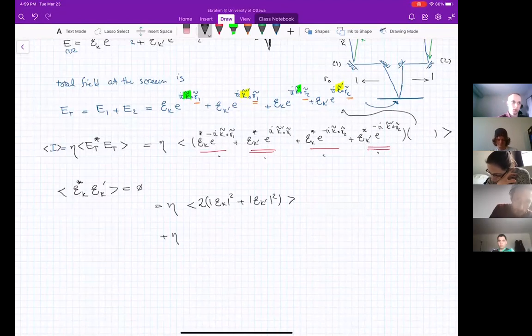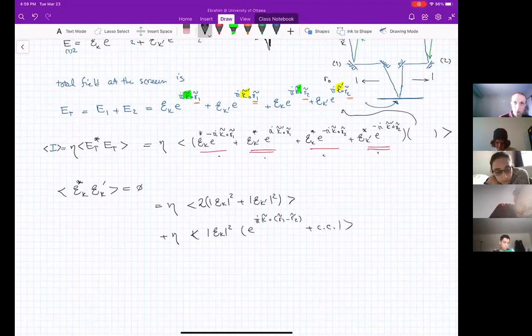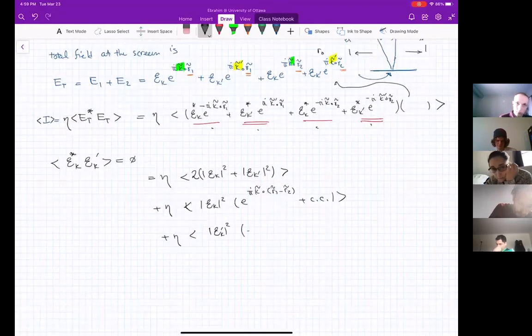Plus eta, then I get the modulus squared of E_K e^{i K·(r_1 - r_2)} plus its complex conjugate, plus another term, which is the modulus squared of E_K' e^{i K'·(r_1 - r_2)} plus its complex conjugate. Okay.